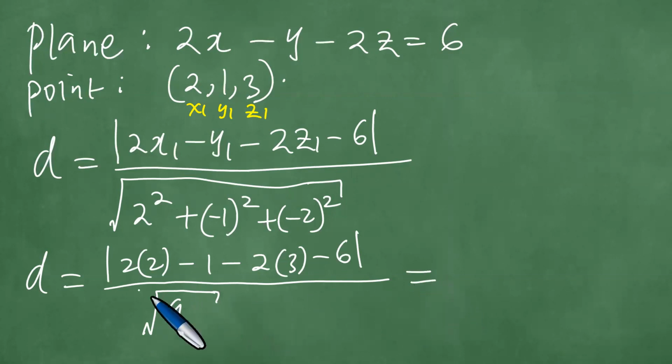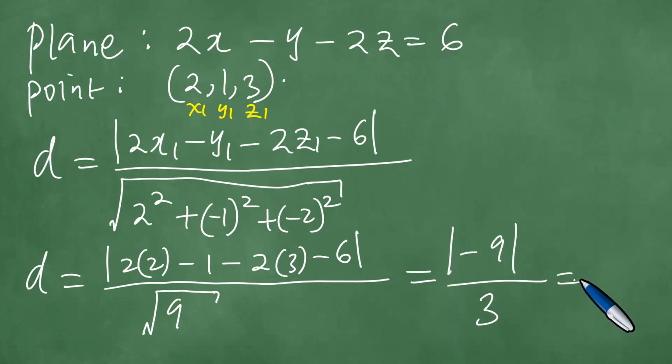And then now, if you look at this very carefully, this is exactly 4 minus 1, which is 3. 3 minus 6 is minus 3, minus 6, which is exactly minus 9, over the square root of 9, which is 3.